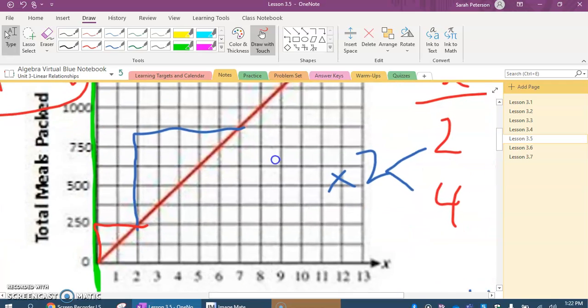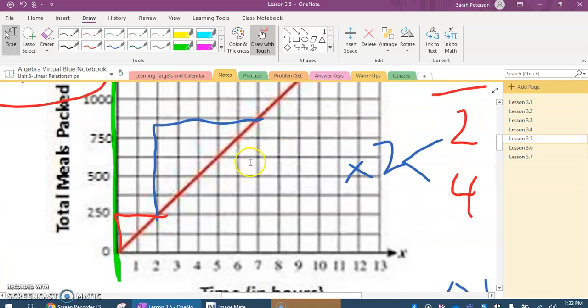So if you look, I'm looking at the change. This red part here says from 0 to 250, and this point looks like it's 875. So there's a couple points here.